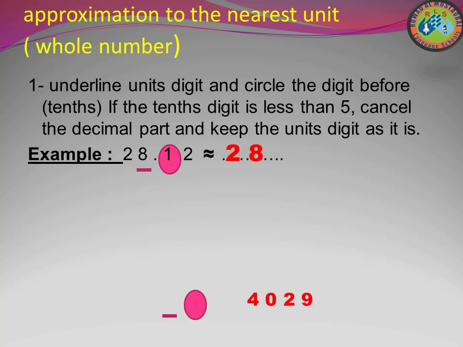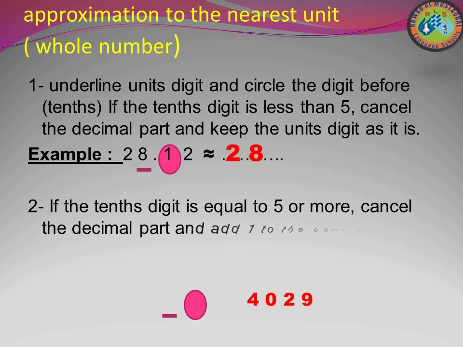For example, 28 and 1200ths, and I wanted to approximate it to the nearest unit. So underline unit and circle the digit before. Oh, it's a poor digit, so I will cancel the decimal part and keep the units digit as it is. It will be approximately equal 28.